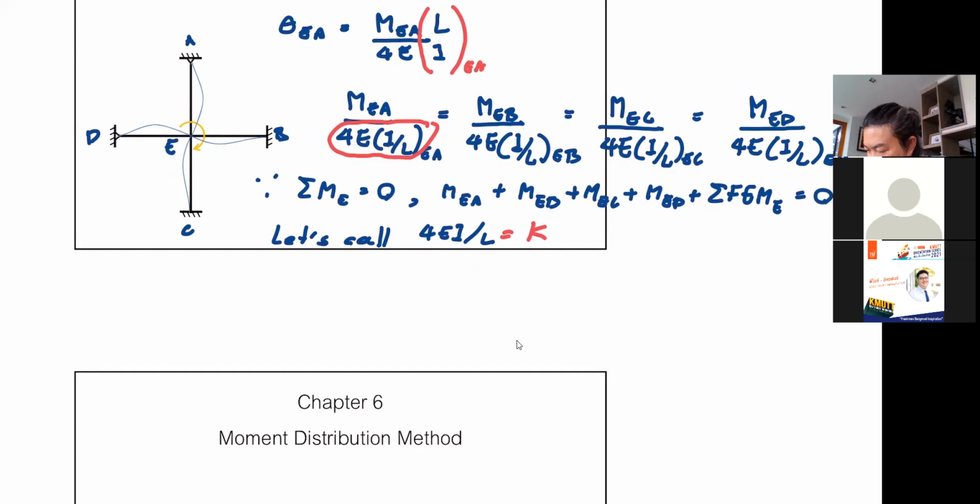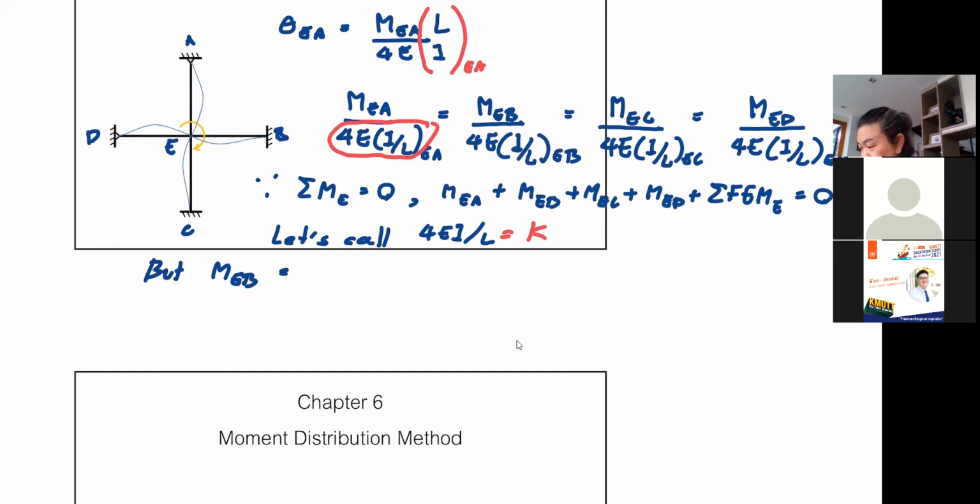But I can write MEB in terms of MEA. So if I call this K, this whole term becomes KEB, and this whole term becomes KEA.